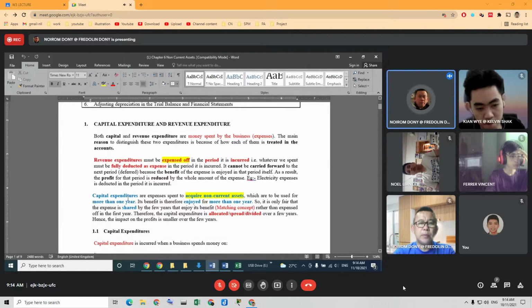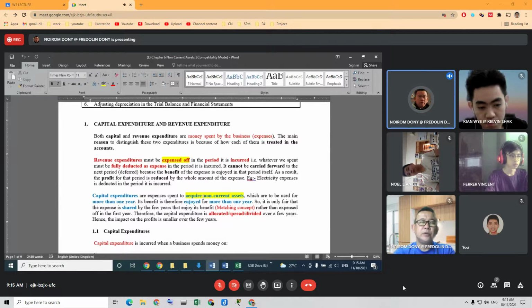Now, what about capital expenditure? Capital expenditure is the money spent on acquiring non-current assets. Acquiring means we purchase the non-current asset, for example a motor vehicle. We purchase the lorry, the van, or the car for the business.